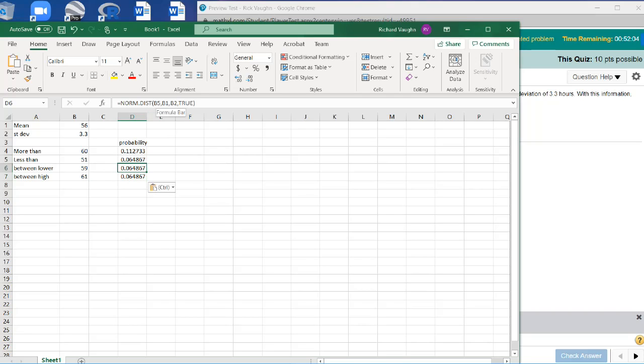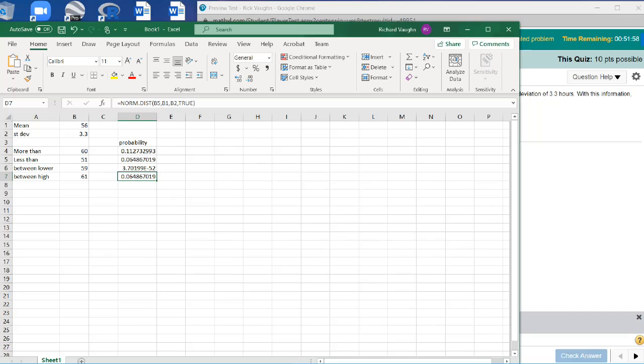So the only thing I'm going to do here is instead of B5, I'm going to do B6. So below the lower value, that's the part that I don't want, and then below the higher value. And so this goes from 59 to 61.